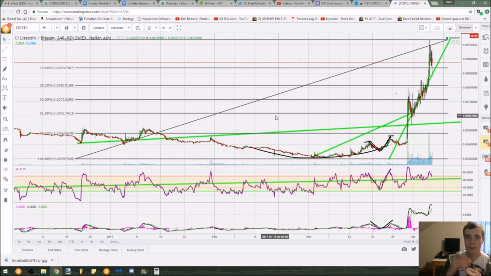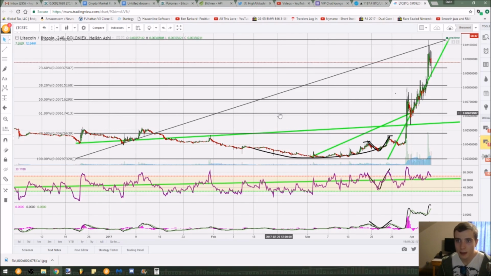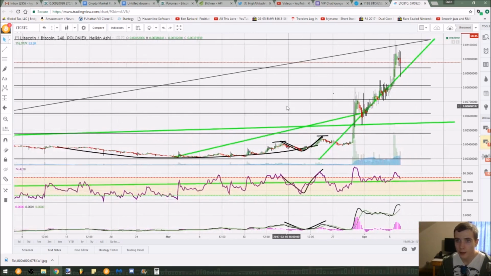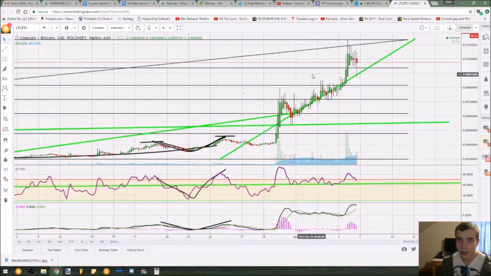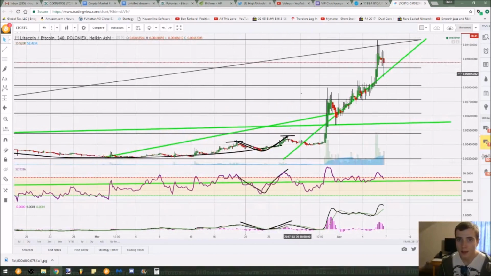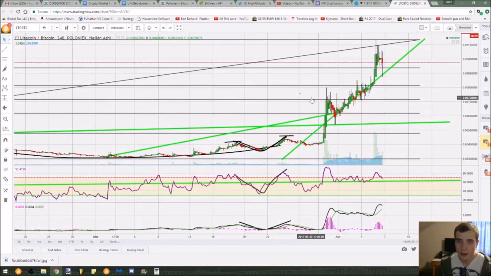Support and resistance can be trend lines and horizontal lines. It really depends. Typically when you're looking for support and resistance, it's a horizontal line, or at least a trend.